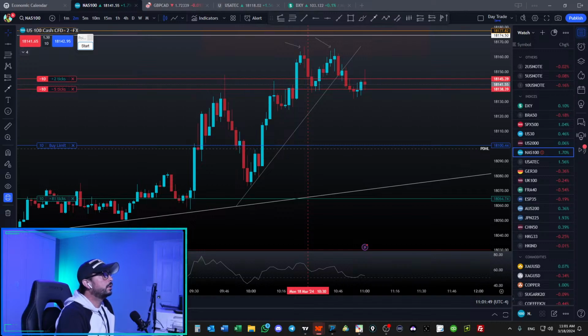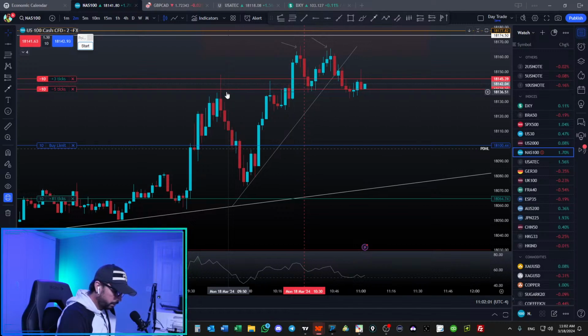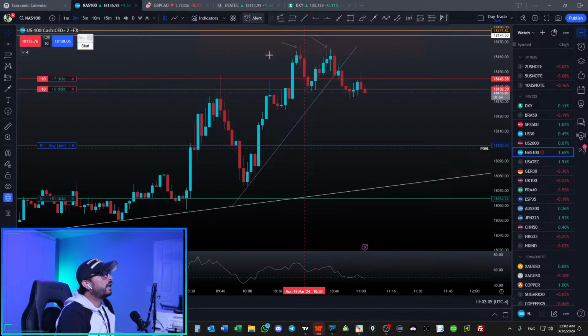See if we get one nice push. All right, one push killing the stops below here. We'll give it a flush, a nice spike, and then we'll take profits.